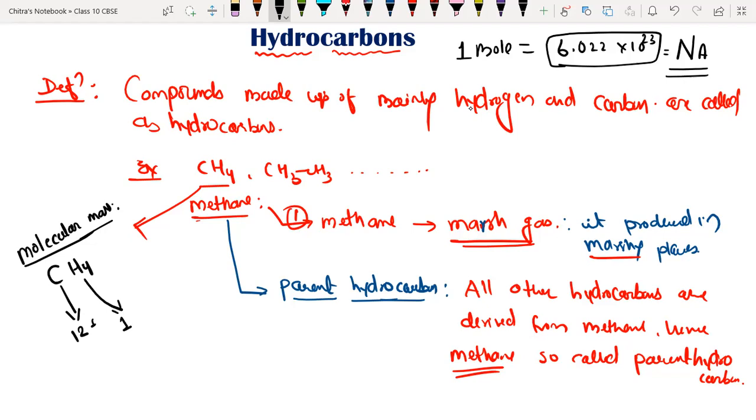So hydrogen has only one proton in its nucleus, hence its atomic mass is 1. But here we have 4 hydrogen atoms, so we multiply by 4. The 4 is for H4 and 12 is for carbon. So 12 plus 4 is 16.